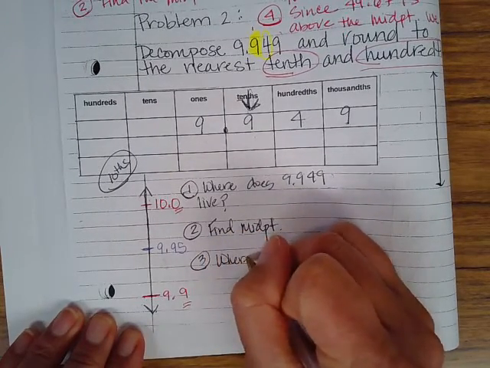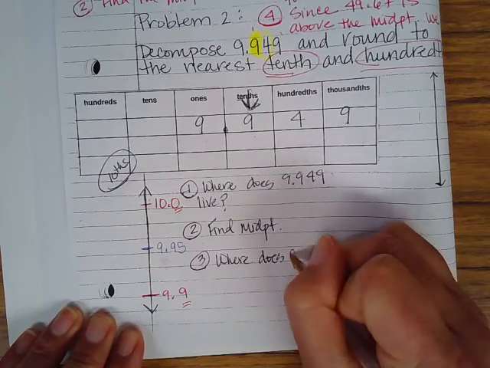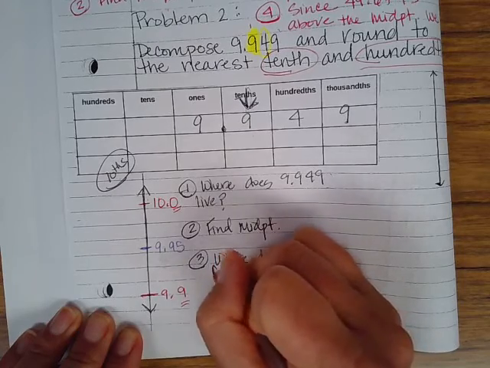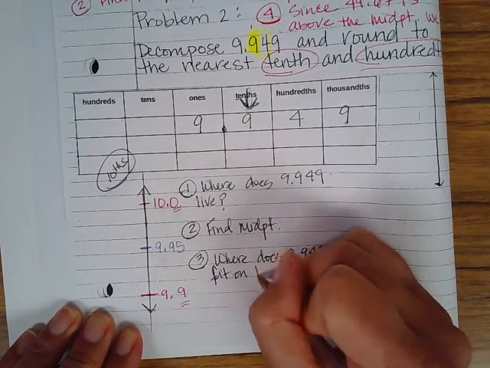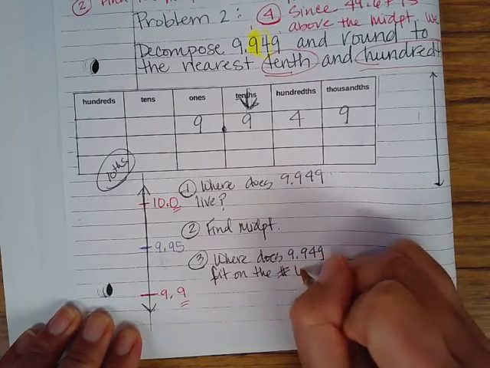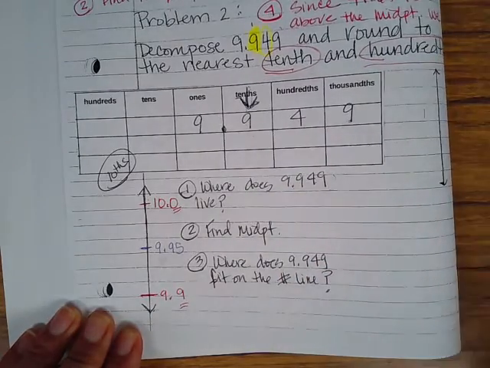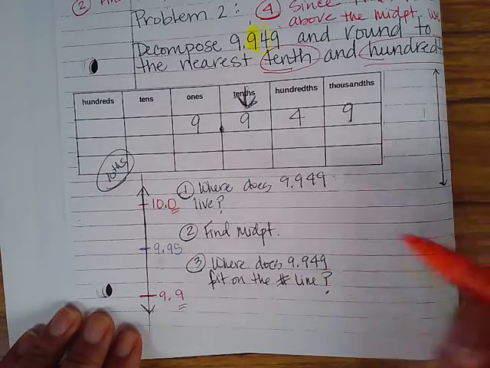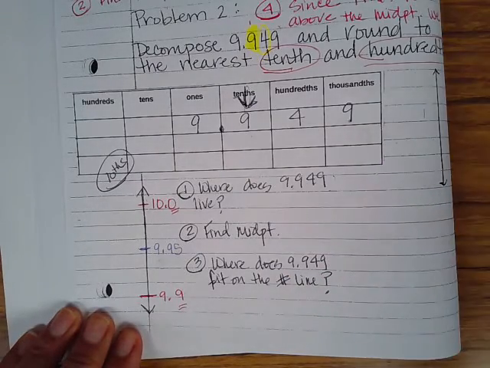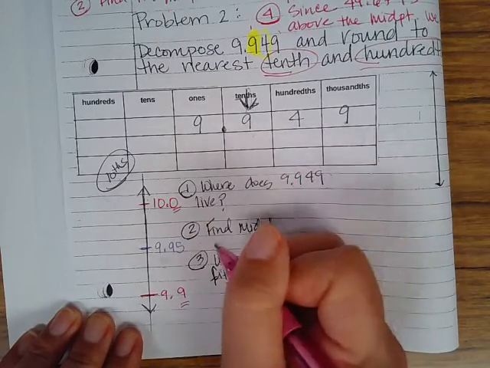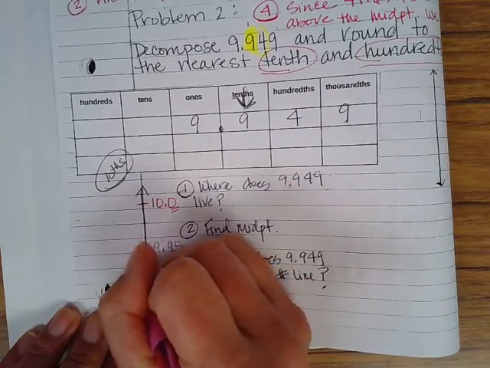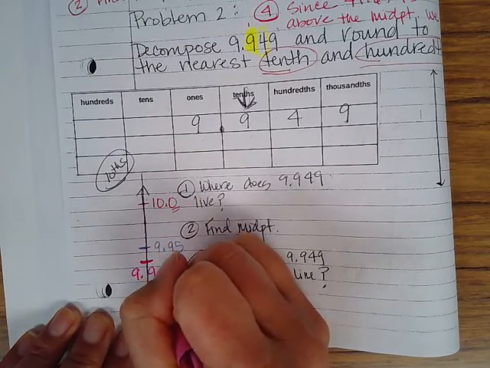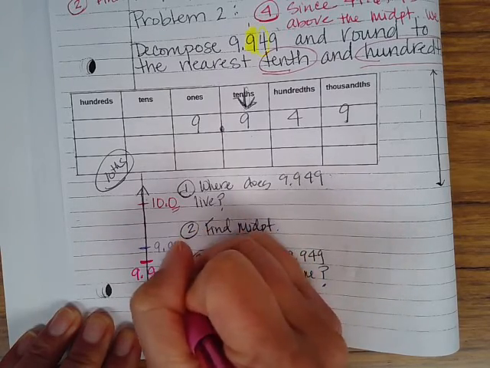Where does 9.949 live or fit on the number line? Okay, so where does it fit? It's going to fit in 9.94. 4 is below 5.